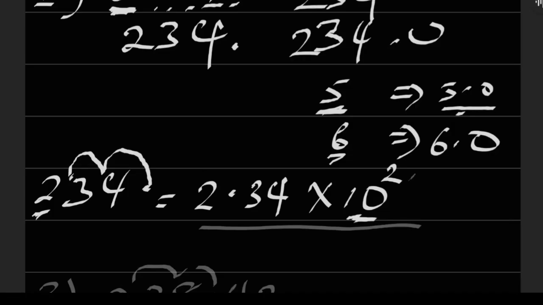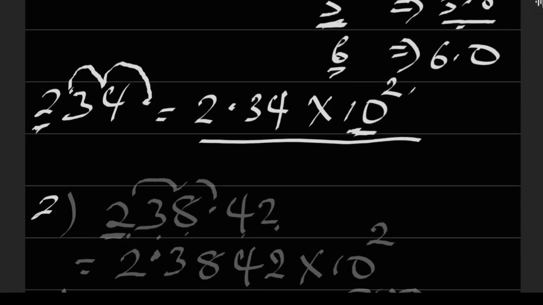This 10, you just introduce it on your own, while this 2 is the number of times with which the decimal moved. If the decimal moves 2 times to fall before the first significant figure, you write 2 here. If it moved 3 times, you write 3. Depends on the number of times the decimal moved. And that's our answer. Let's solve another example.